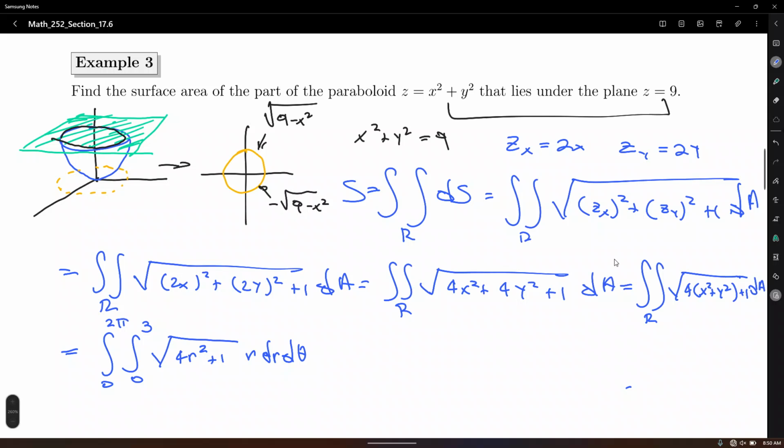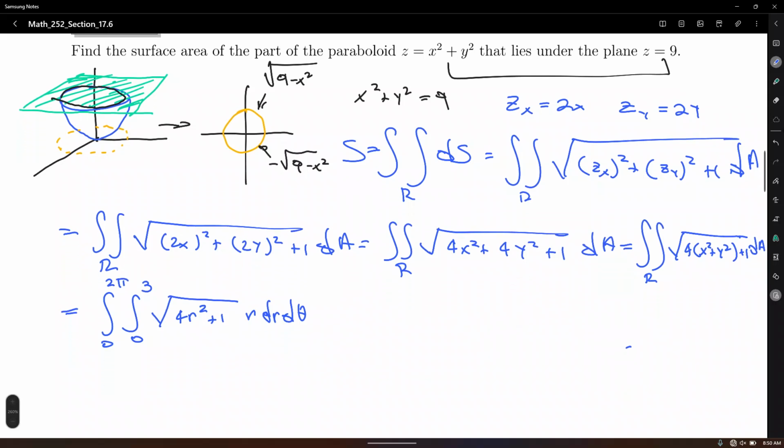Let's go for it. Okay, so to evaluate this integral with respect to r, this is a great candidate for u-sub, right? Because the derivative of 4r squared is 8r, which is one degree less, and we have that factor.